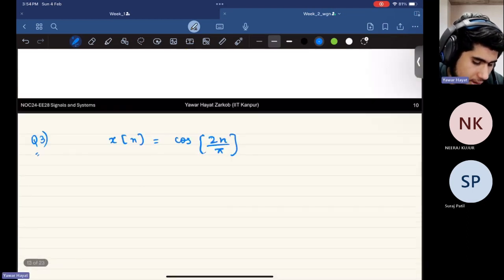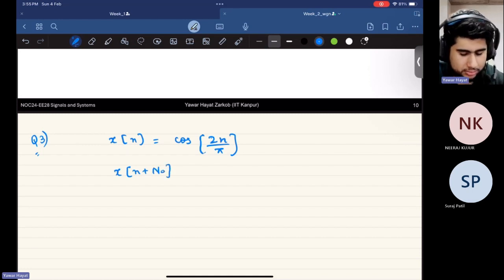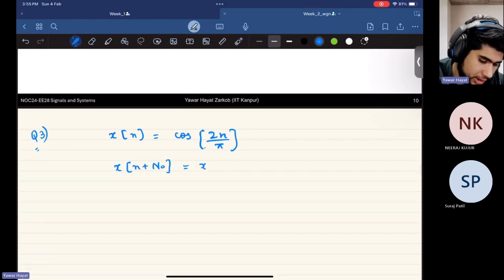Now if this is the signal, then I can write x of n plus n naught. I'm using the condition of periodicity: if this is a periodic signal, then this condition should be satisfied. x of n plus n naught is x of n.